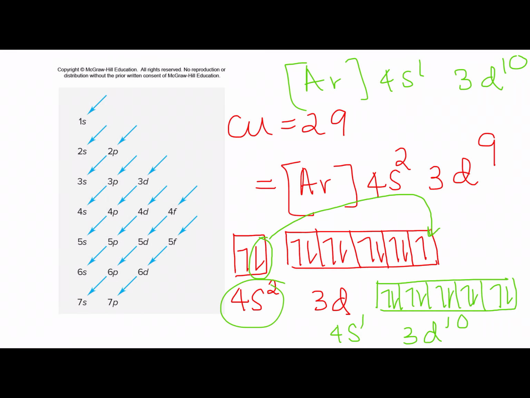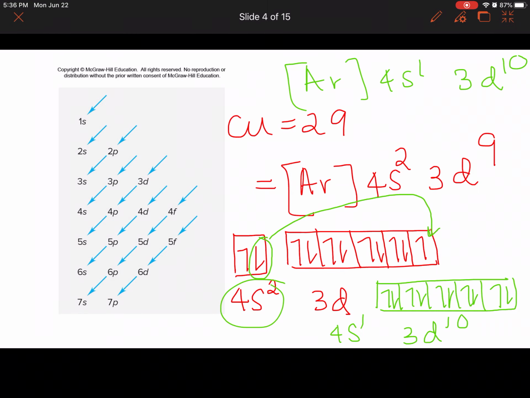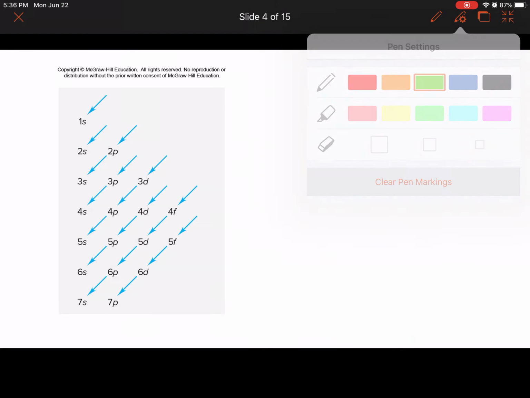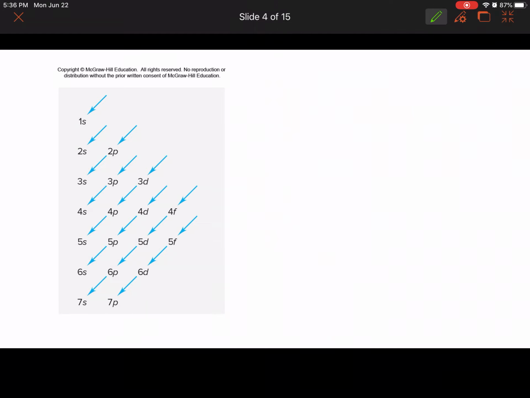The given sublevels are 3d, 4s, 4p, 4d or 5s, and we can refer to this chart.